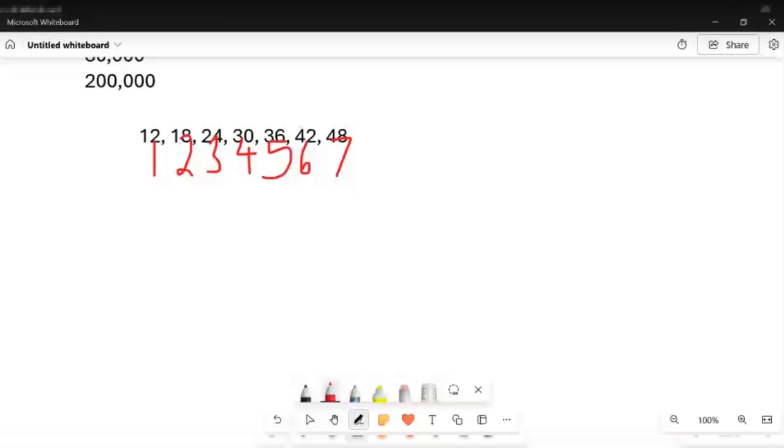Those are the numbers between 9 and 49 that are divisible by 6. So we're only counting in steps of 6, but not going beyond 49. I hope this is clear to us, please. Yes, sir. Good.